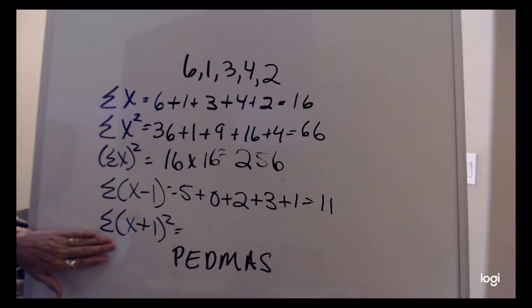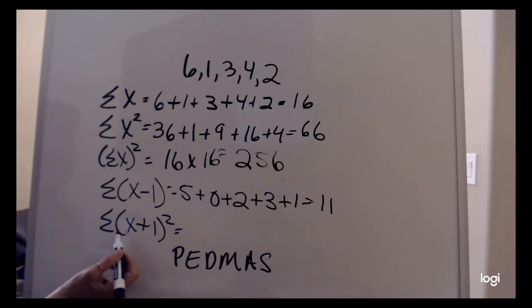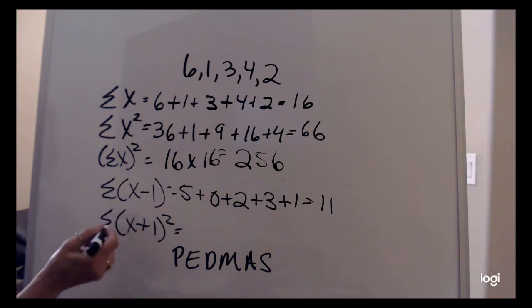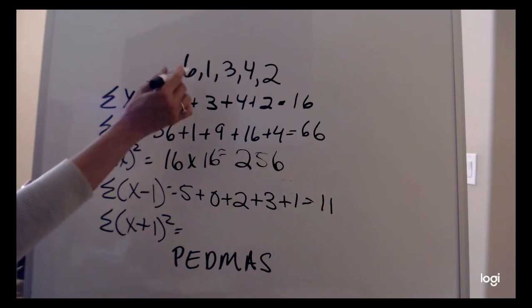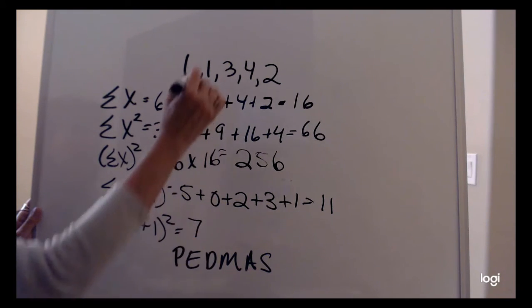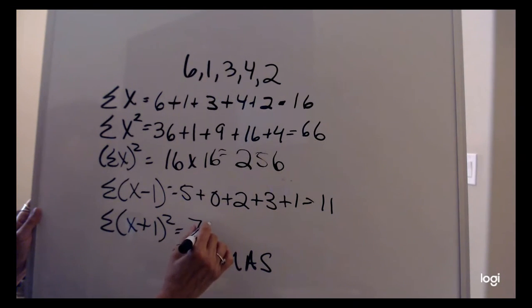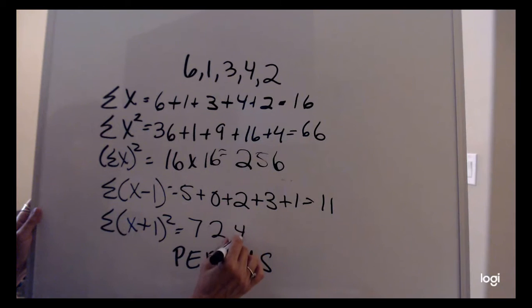Finally, we have this last piece, which is the most complex of them all so far. And what am I going to do first? Well, I've got parentheses, I've got exponents, I've got addition. First thing I do is parentheses. Take each score and add 1. So let's do that. 6 plus 1 is 7. 1 plus 1 is 2. 3 plus 1 is 4. 4 plus 1 is 5. 2 plus 1 is 3.